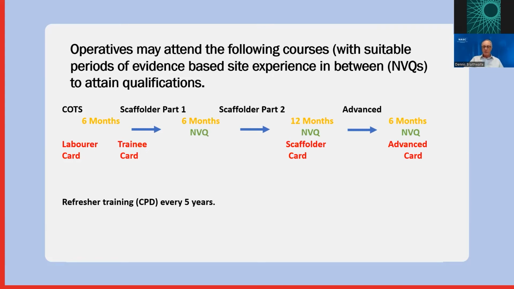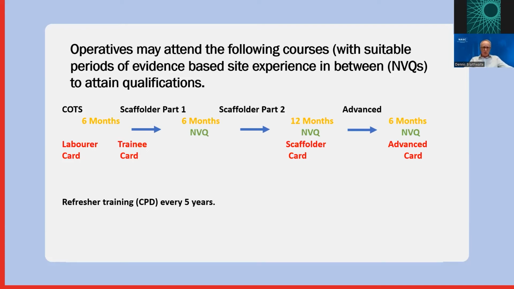sit his advanced course. He then has to again provide 6 months more experience and complete an NVQ before he gets his advanced course. Now, if you add all of those up, it comes to 2.5 years. But what we find is it probably takes a lot longer than that in practice, because those NVQ periods, as I say, need to include certain types of scaffolds.